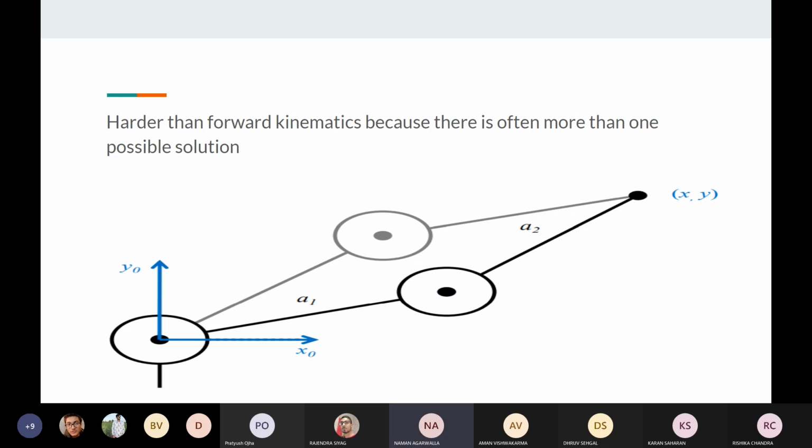I have a question here for you all. We have studied both forward and inverse kinematics. Which one do you think is mostly applied, and why? Anybody?